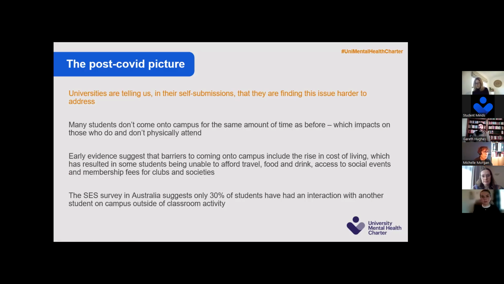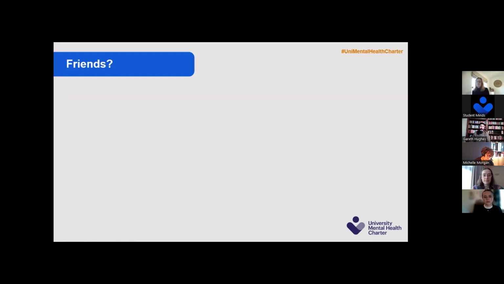There's really interesting data coming out of Australia, and that suggests that only 30% of students have had an interaction with another student on campus outside of classroom activity. Now, I don't know if that's necessarily replicated in the UK, but it does certainly echo what we're hearing from colleagues in terms of the connection students are getting with other students. Now, of course, this builds on a lack of our understanding and knowledge anyway.